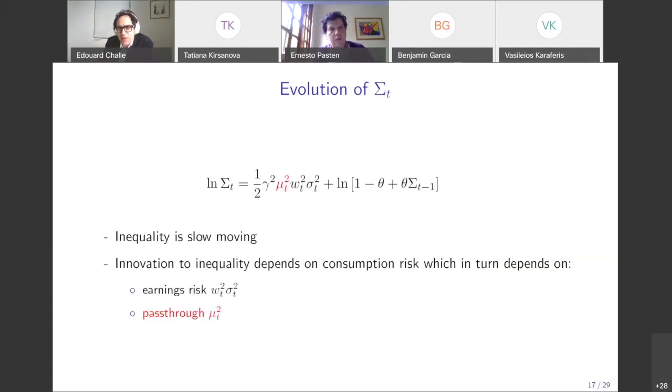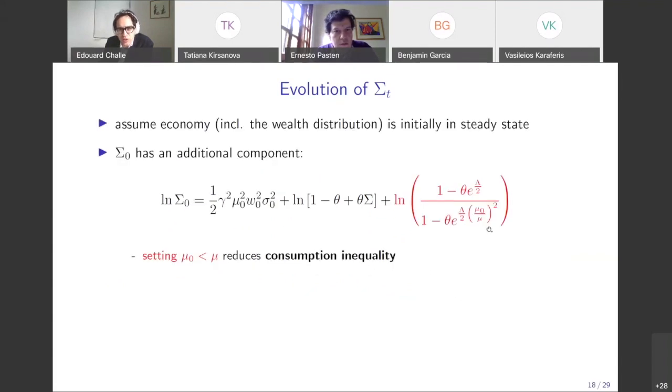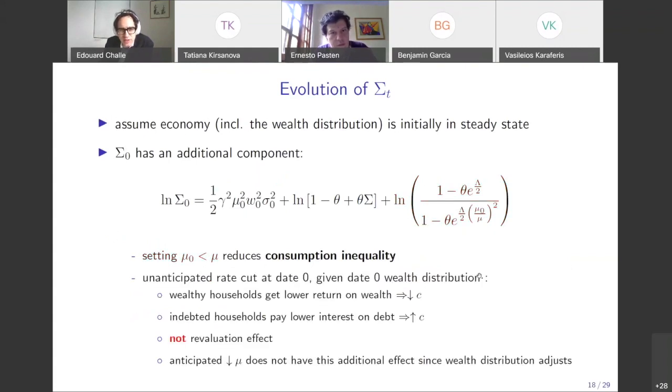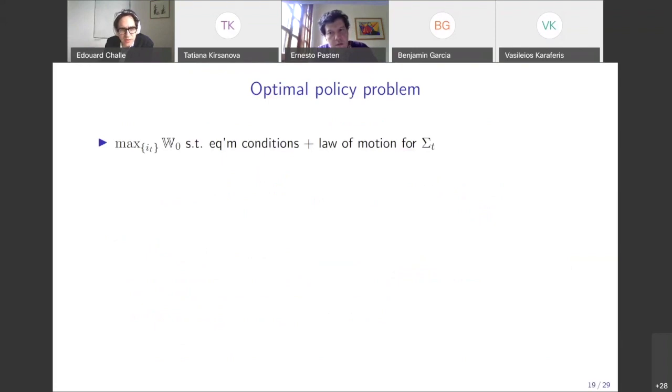There is something a bit special about date 0. The recursion does not exactly apply to date 0. I'll go back to this at the end of the talk if I have time, but let me keep that part for now and focus on the stationary problem.